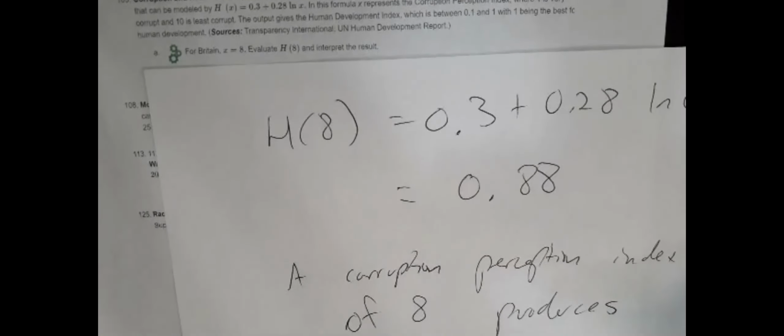And so the input is the corruption perception index. So a corruption perception index of 8 produces, what is this? The human development index.